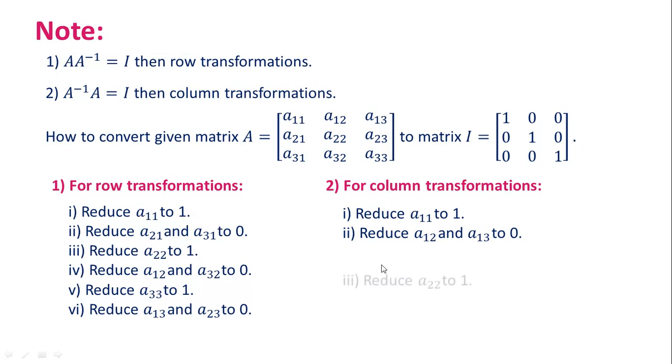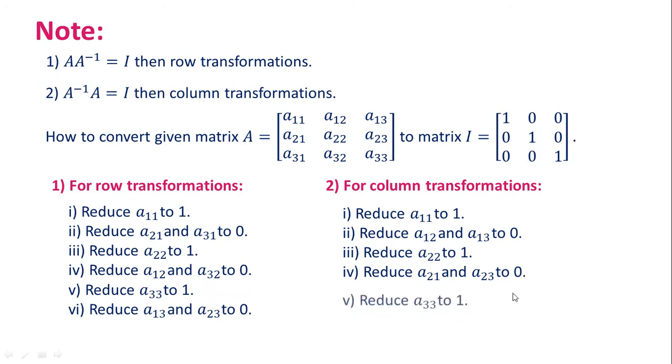Now third is reduce A22 to 1. A22 to 1 here. Then the fourth step is we have to convert A21 and A23 to 0. And then reduce A33 to 1 and then reduce A31 and A32 to 0.